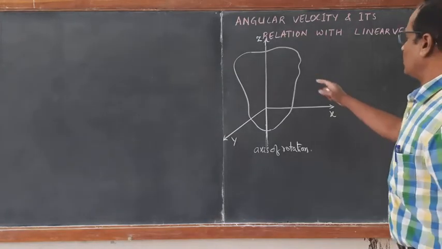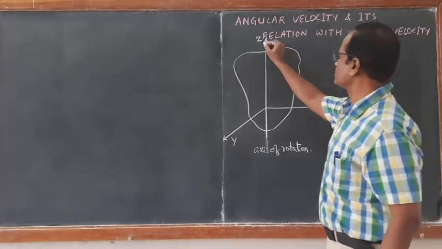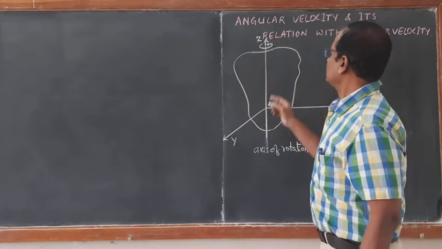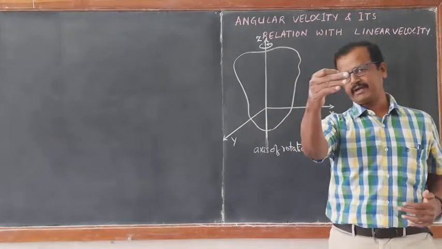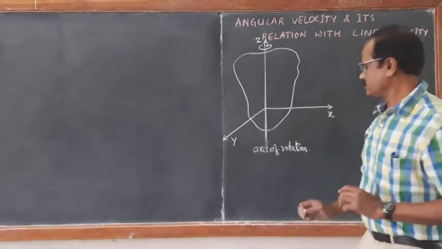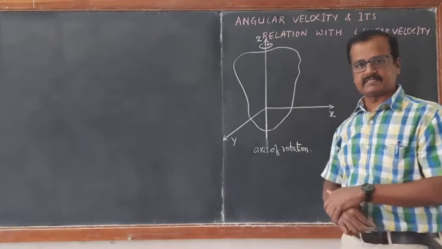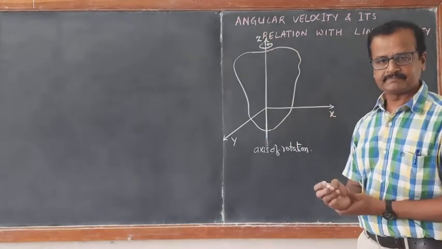Consider a rigid body which is undergoing pure rotational motion. Suppose it is undergoing pure rotational motion about this z axis. This is x axis and this is y axis. The vertical axis is z axis. And think that the axis of rotation passes through z axis. So it is undergoing rotational motion about this z axis.